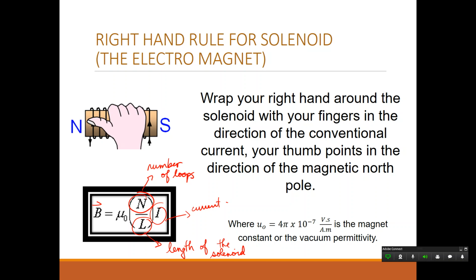Give it a name. Not charge density, but I like density a lot. What kind of density? Loop density, exactly. How many loops per unit length do you have? More loops per unit length, the stronger the electromagnet. So we're going to call this loop density. It's not really an official term, but it helps you understand what that means.